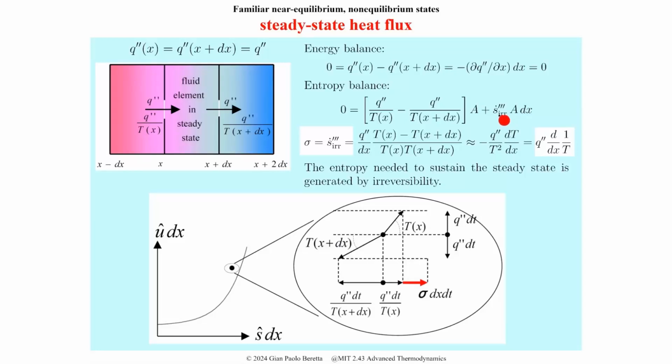So here I'm denoting this lowercase s with a triple prime as the entropy generated by irreversibility per unit volume. And the dot is the rate. So soon, actually already here, we give a special symbol for that.